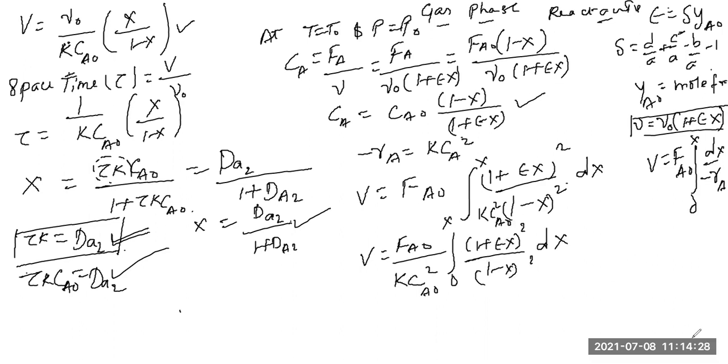Once you solve this integral, what you will get is... We are not solving it here. This is how it's given in your book; after solving, if you want, you can solve it and see if you get this.